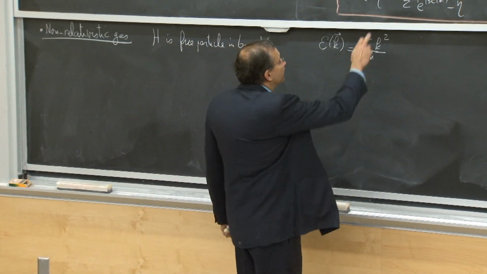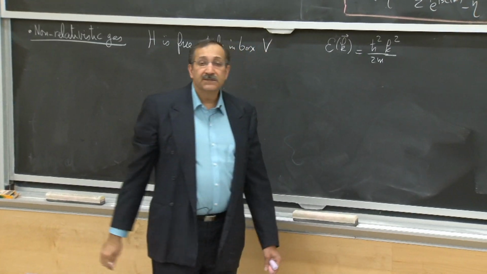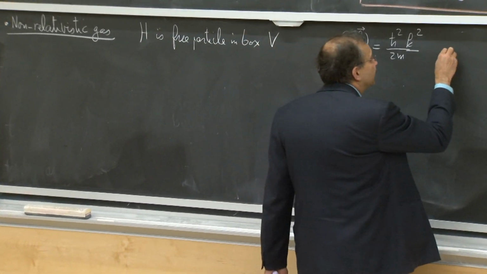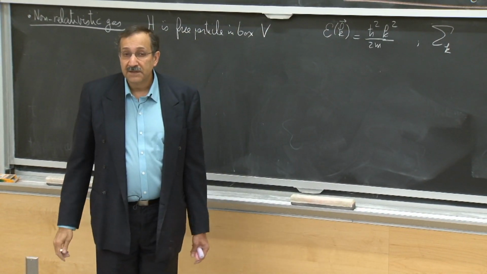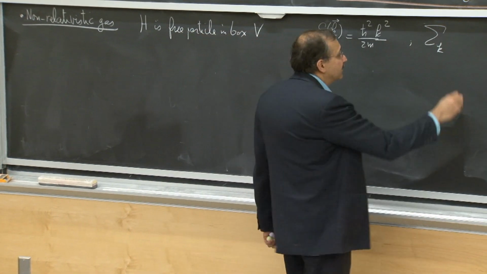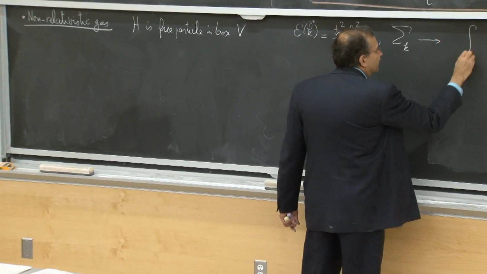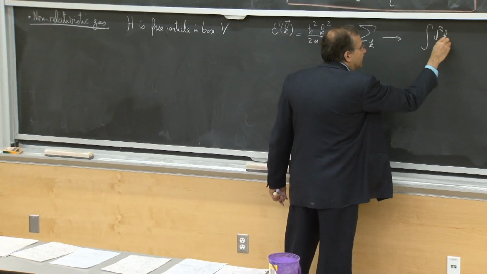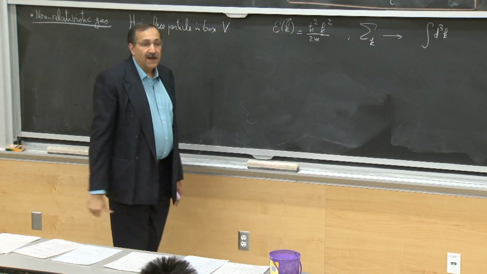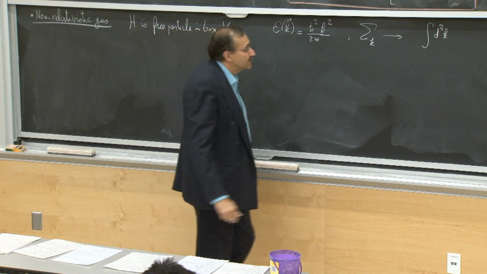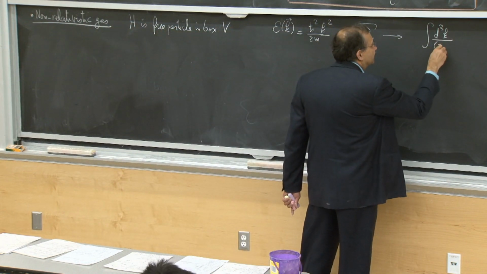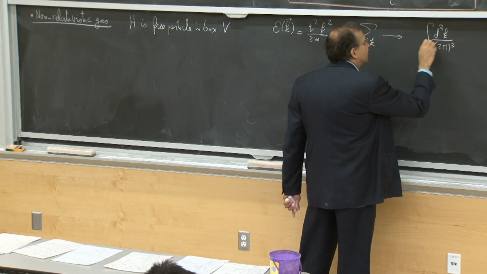And ultimately, what we want to do is to replace these sums over k's in the limit of large boxes with integrals over k. So these go over to an integral over k times the density factor that you get in going from the sum to the integral, which is 2 pi cubed times the volume.